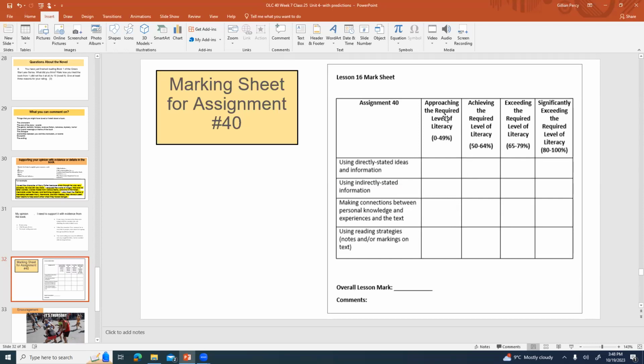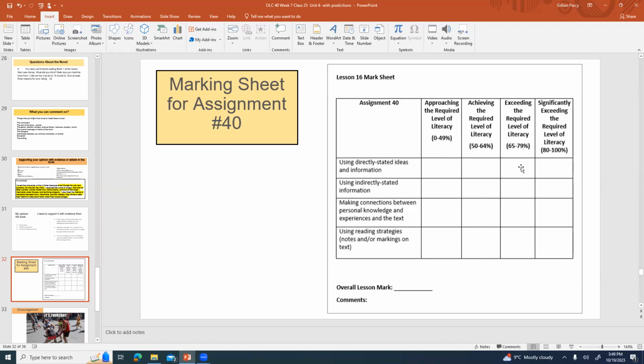Just a quick overall of the categories. Approaching means you didn't quite make it. It means that we failed to meet the criteria. Achieving is 50 to 64%. That means you've passed. Exceeding the required level, at that point, you're getting about a C or a high B. That means I think you're doing a really good job.